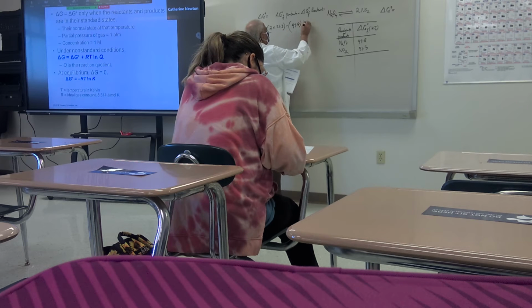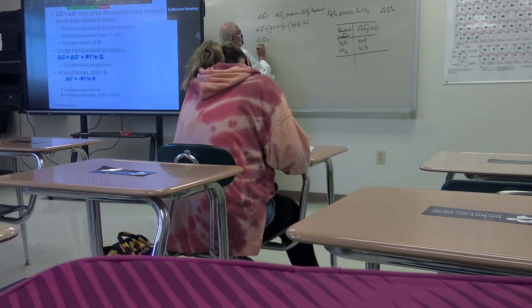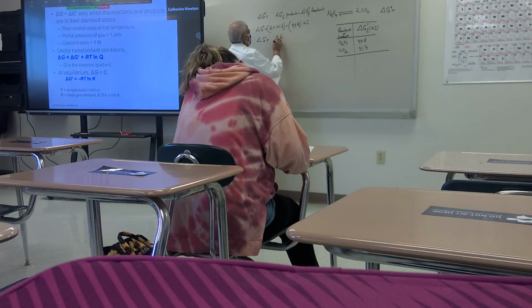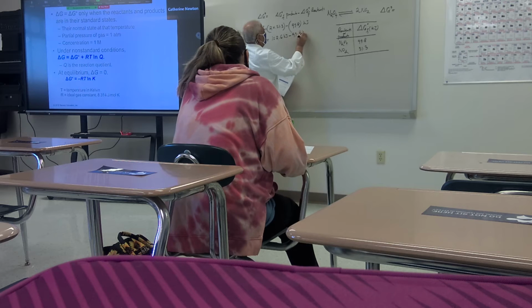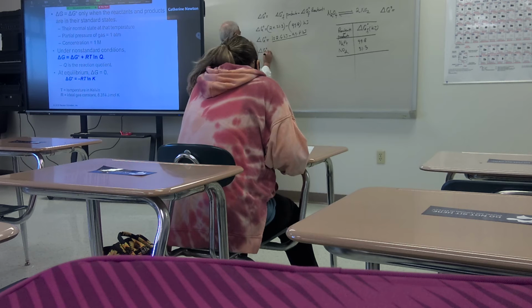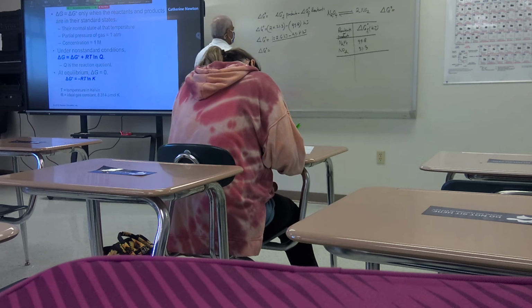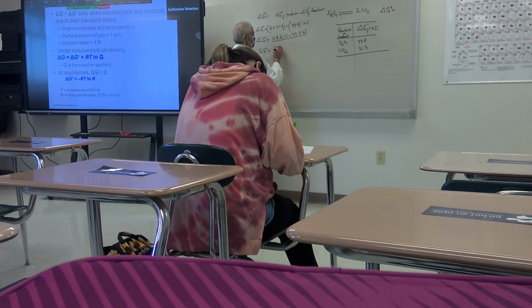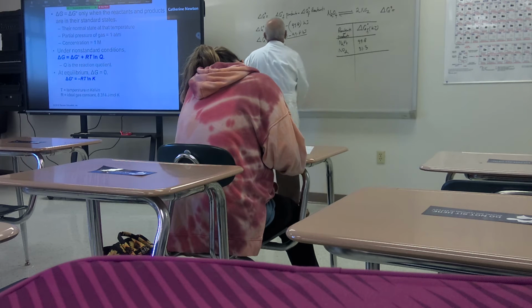They are all in kilojoules per mole. So therefore delta G0 equals 102.6 kilojoules minus 99.8. How much? 2.8 kilojoules, correct? So now you got the delta G0.